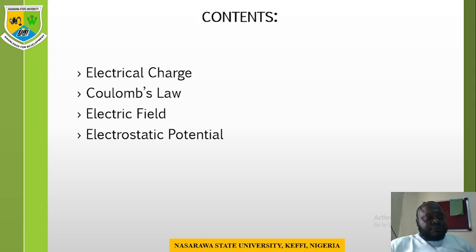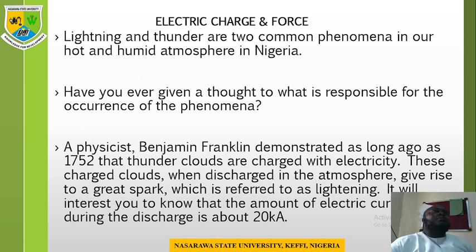For the first course contact we are meeting, I will be covering this area: electrical charge, Coulomb's law, electric field, electrostatic potential. Now, let me give you some background of the subject matter. I want to believe that all of us know what lightning and thunder are all about.